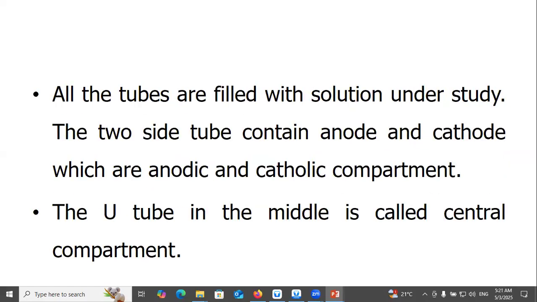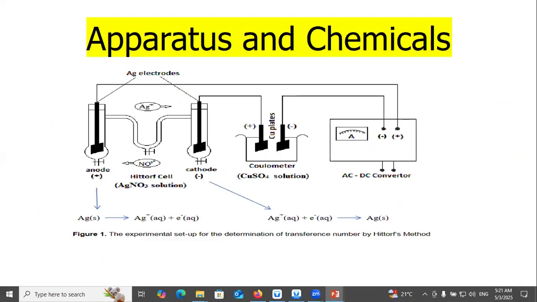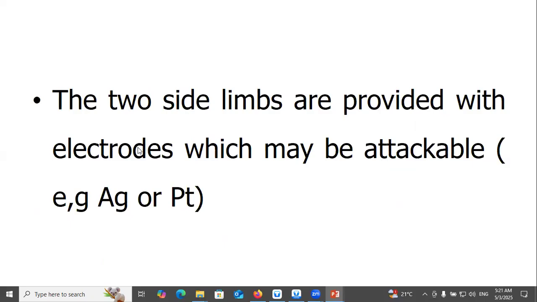All the tubes are filled with the solution under study. The two side tubes contain the anode and cathode, forming the anodic and cathodic compartments. The U-tube in the middle is called the central compartment.